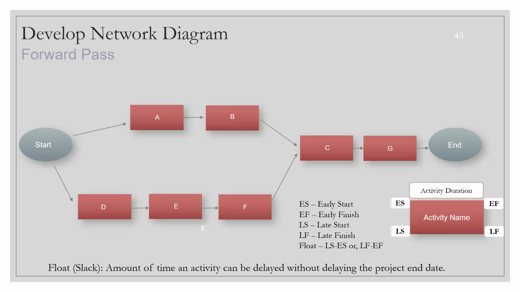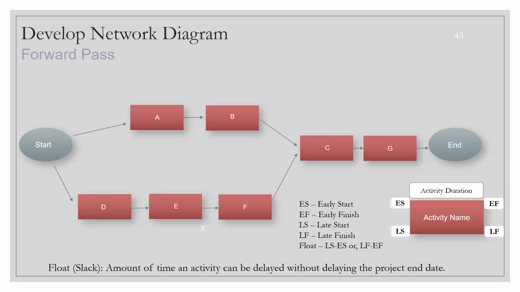Forward pass is when I'm starting my calculation from left and going towards right. Like I will start my calculation from the start button, and then I will finish my calculation when I reach the end button. And then a similar effort I will do in the next slide. I will call it the backward pass, when I start from the end button and come back to the start button. And let's see what fun is going to be generated.